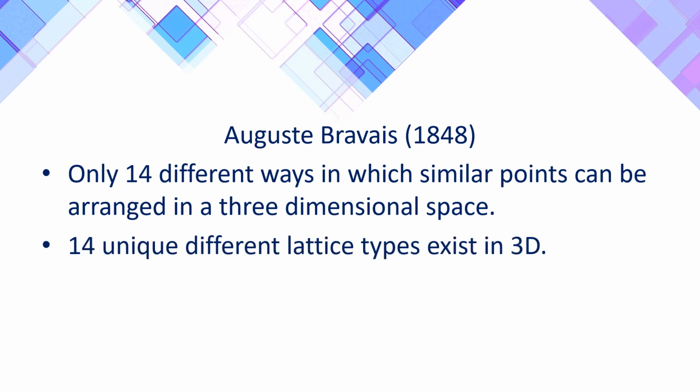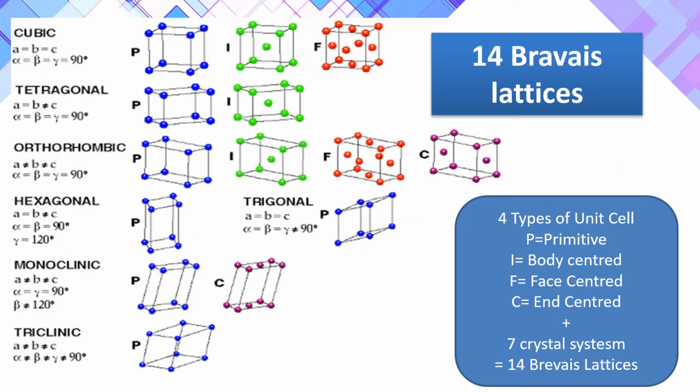Thus, there are only 14 unique lattice types in 3 dimensions, and these are called the 14 Bravais lattices. Here you can see all the 14 Bravais lattices, which includes the 4 types of unit cells, that is primitive, body-centered, face-centered, and end-centered, and also the 7 types of crystal systems.